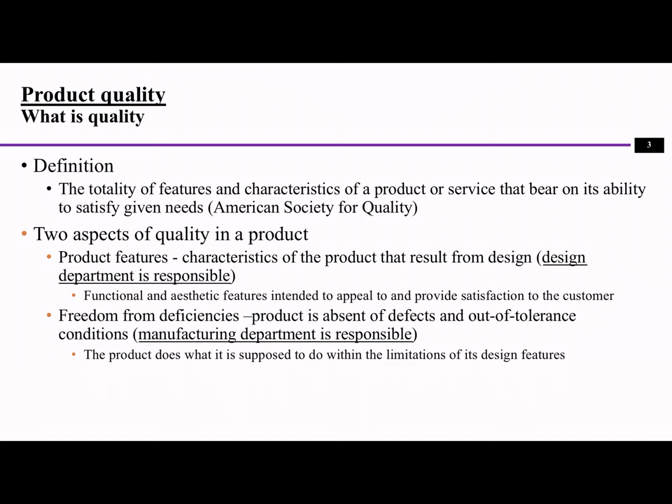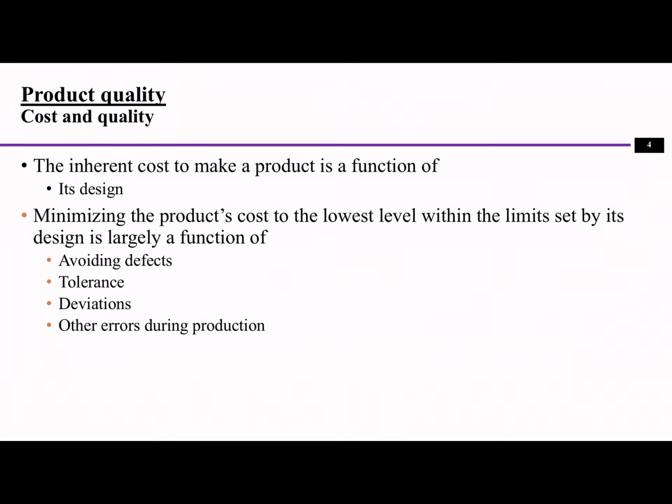You should be able to tell the difference between the two aspects, product features and freedom from deficiencies. All right. So when we're talking about quality, quality is also related to cost, because there are a lot of aspects by which quality directly or indirectly affects the cost of production.